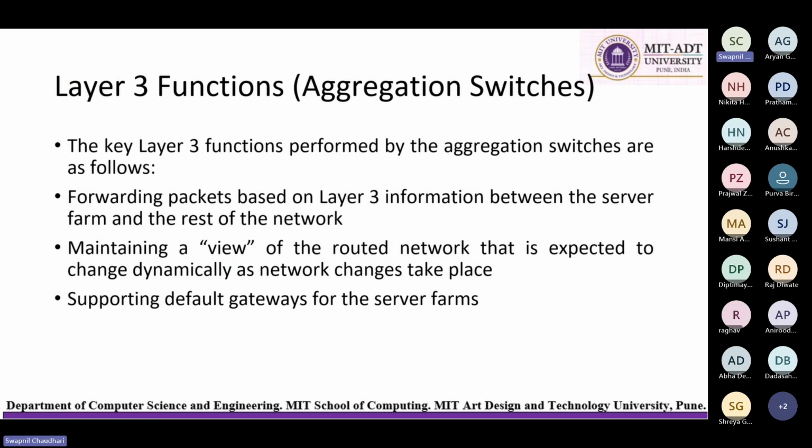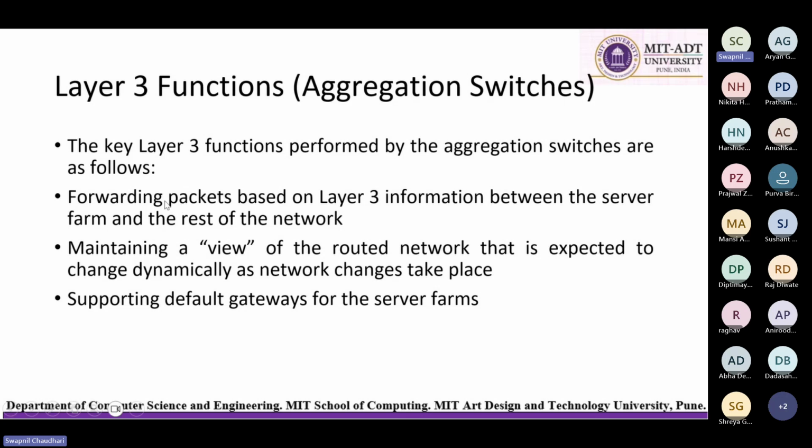Now, layer 3 functions. Let's focus on the layer 3 functions performed by the aggregation switches, which are very important in data center topology. The first thing is packet-based forwarding, where we forward the packet based on IP, or you can say layer 3 information.